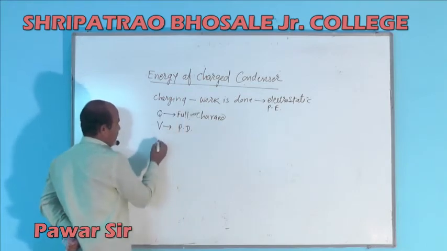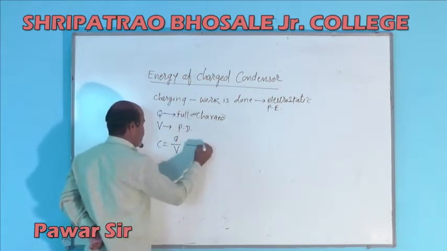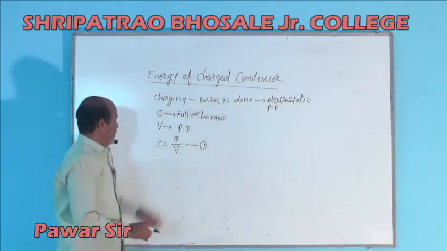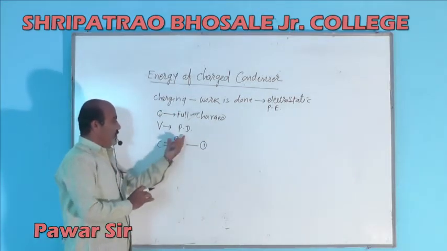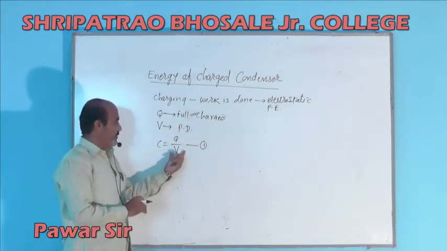So we can write its capacity C is equal to Q divided by V. This is equation first, where Q is quantity of charge when it is fully charged and V is potential difference between plates.